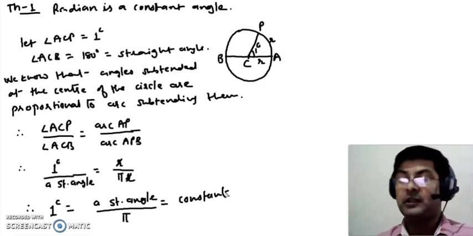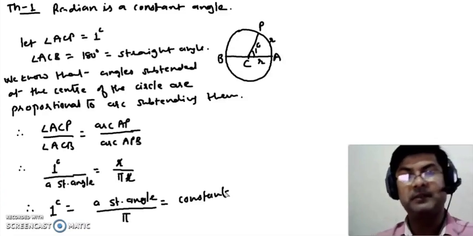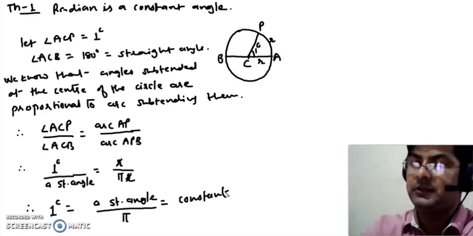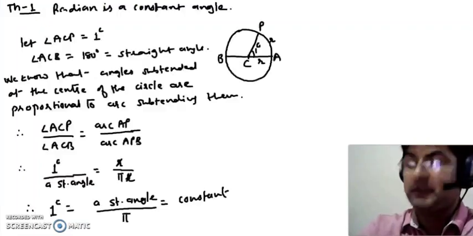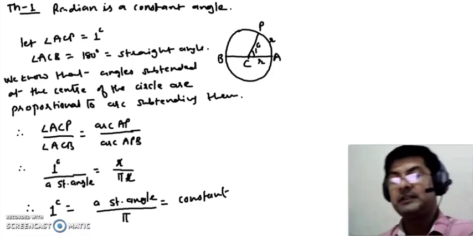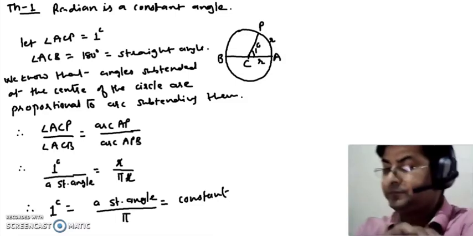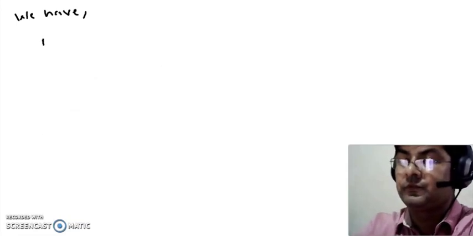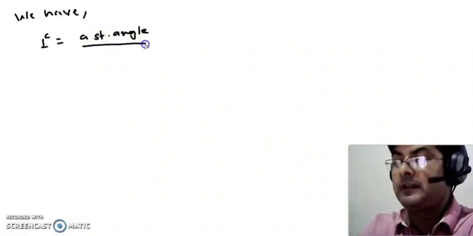Clear? With the help of this, we can derive a relationship between the radian measure and the degrees. How? Let us use this result, the previous result, that 1 radian is equal to a straight angle upon pi.